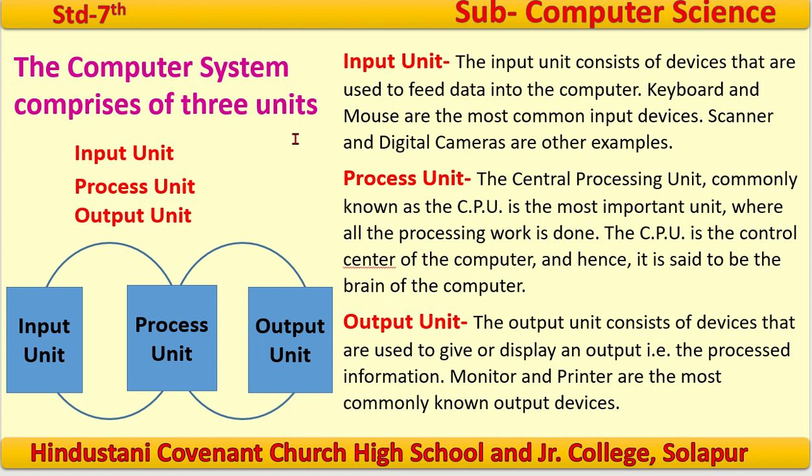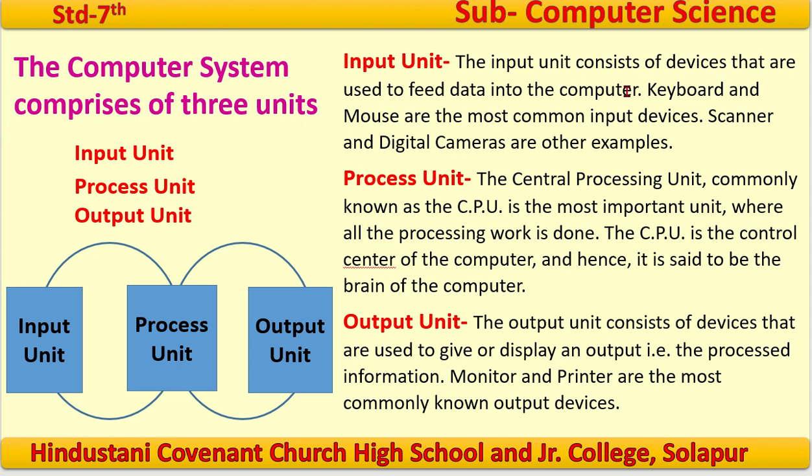A computer system is divided into three parts. What are the three parts? First is the input unit, then the process unit, and the output unit. The input unit is connected to the processing unit, and the processing unit is connected to the output unit. The input unit consists of devices that are used to feed data into the computer.